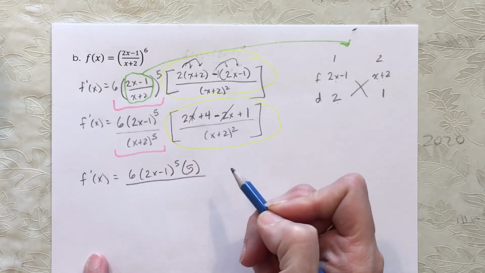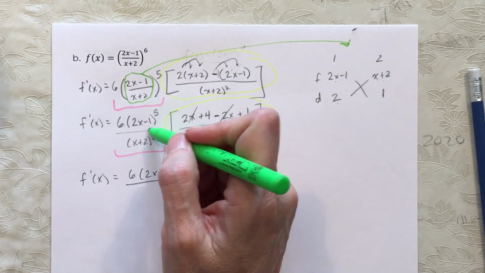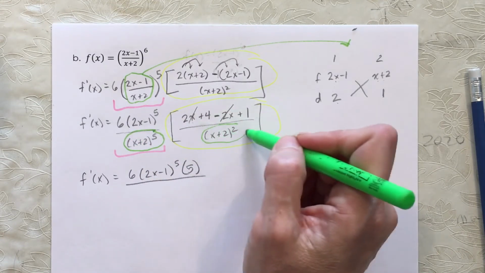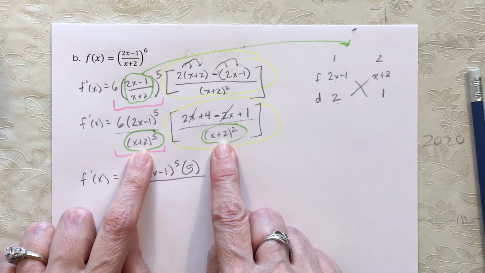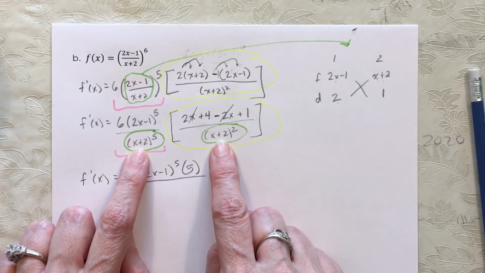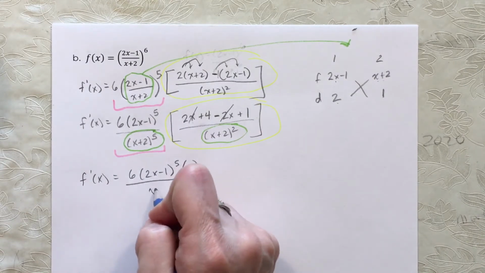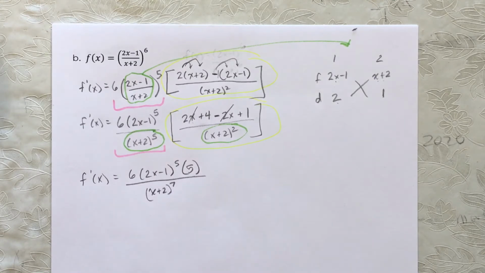And in the denominator, if you notice, this is (x plus 2) to the 5th being multiplied by (x plus 2) squared. So I'm multiplying powers that have the same base. The base is x plus 2. The rule for multiplying powers with the same base is to keep the base and add the exponents. So I really have (x plus 2) to the power of 7 in the denominator.